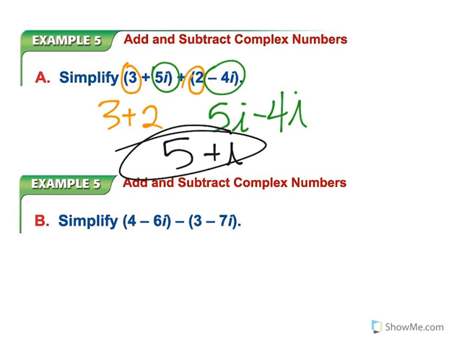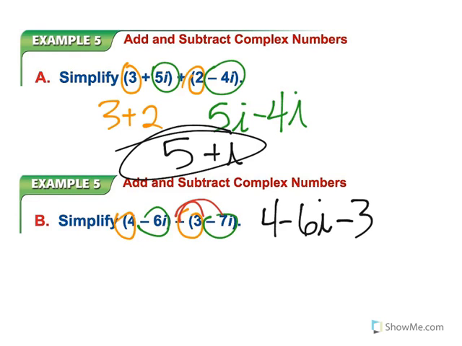For the next one, we're going to do the exact same thing. We're going to take our real parts and add them together, and we're going to take our imaginary parts and add them together. Before I can do anything, I have to make sure I distribute this negative. So I'm going to rewrite my equation: 4 minus 6i minus 3 plus 7i. The reason I did that is because we had to distribute that negative.